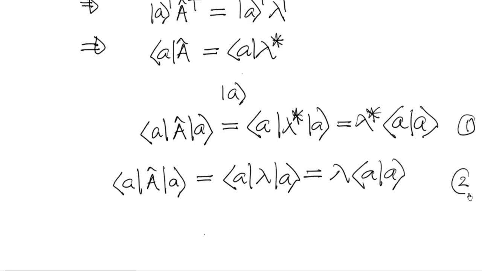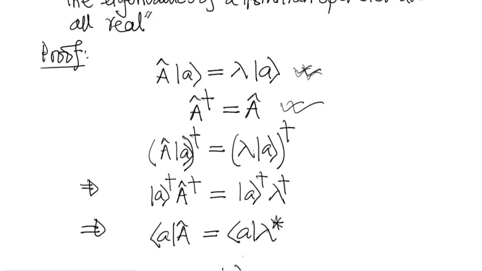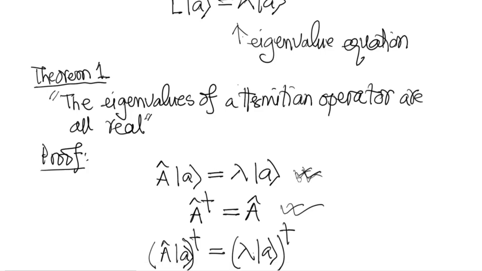So this one is number 2. Okay, this one we get from our eigenvalue equation, this equation.